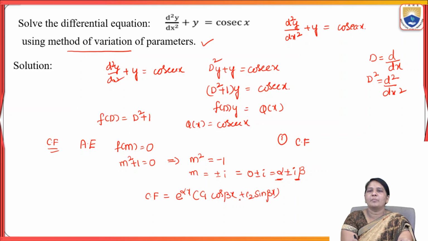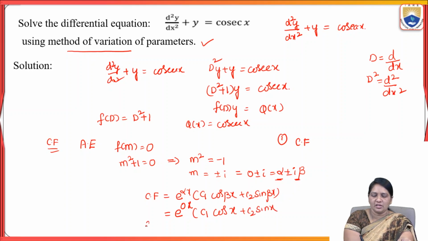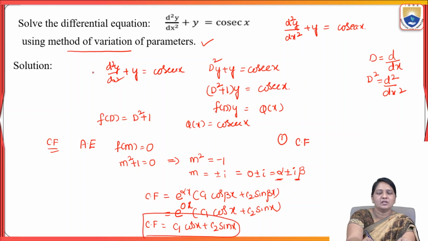This is the complementary function for complex roots. Here alpha is 0, so e power 0x, C1 cos, beta is 1, so cos x plus C2 into sin x. Finally the complementary function is equal to C1 cos x plus C2 sin x. This is the complementary function of the given equation.